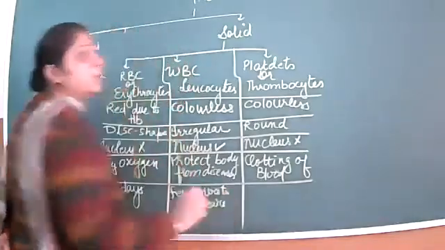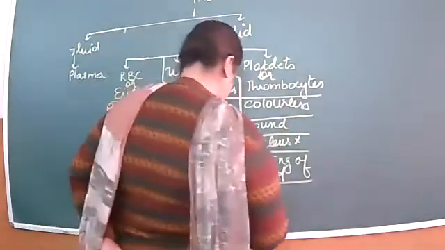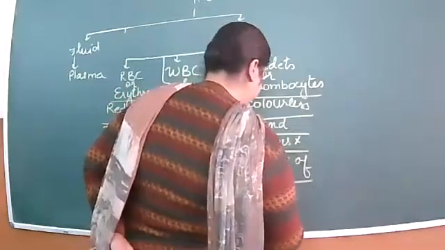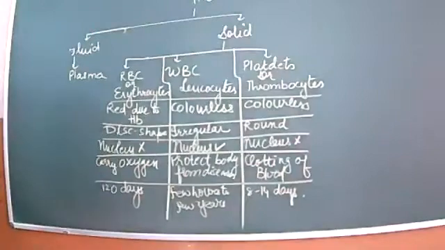Right. Then platelets का लाइफ स्पैन है 8 to 14 days. Is that clear to all?